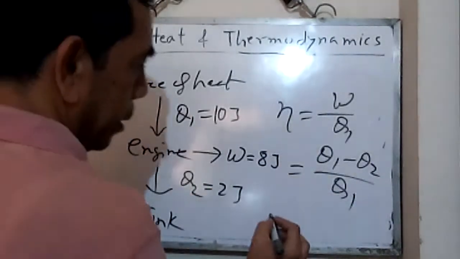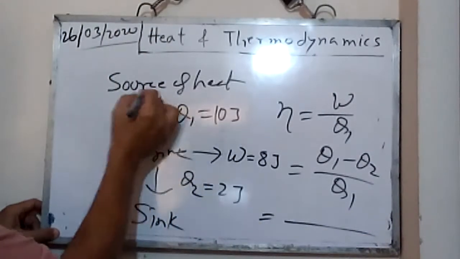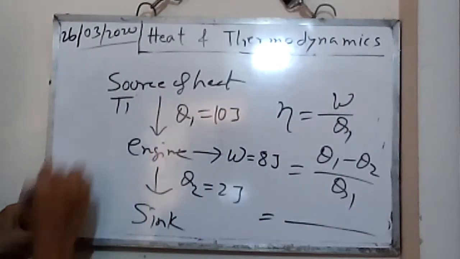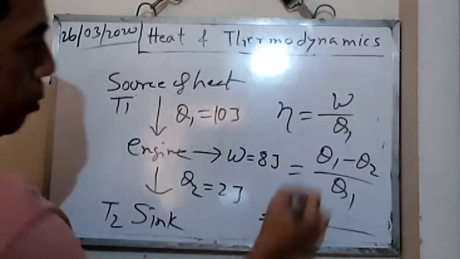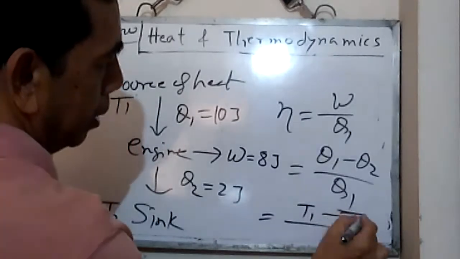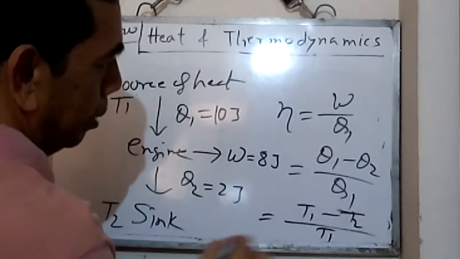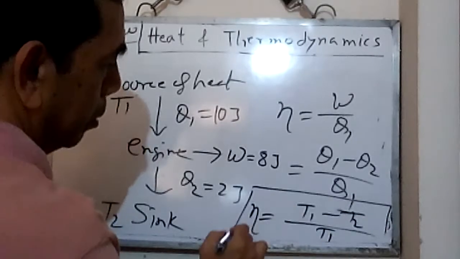We can also write this. Suppose the temperature of the source is T1, and the temperature of the sink is T2. Then we can also write efficiency equal to T1 minus T2 divided by T1.